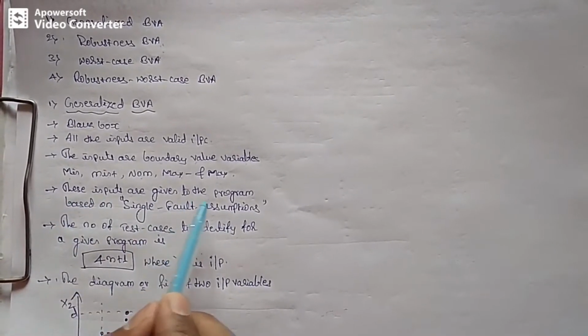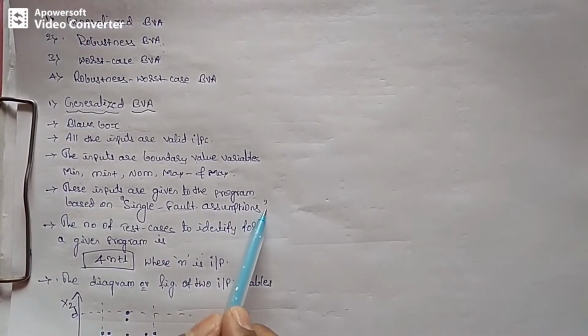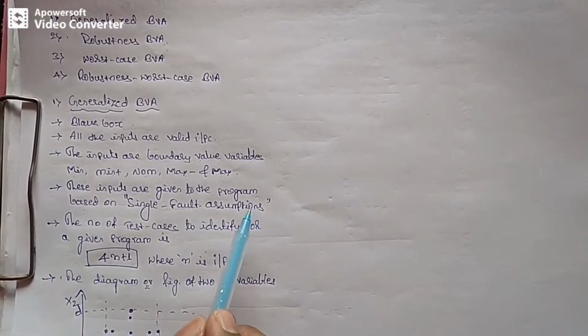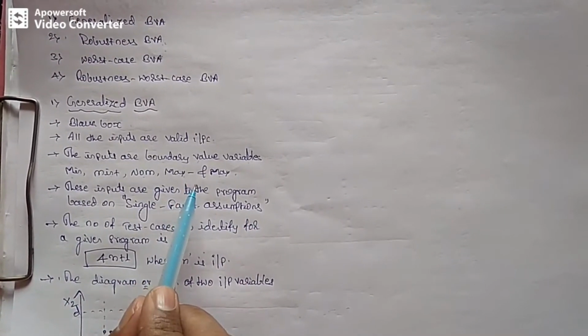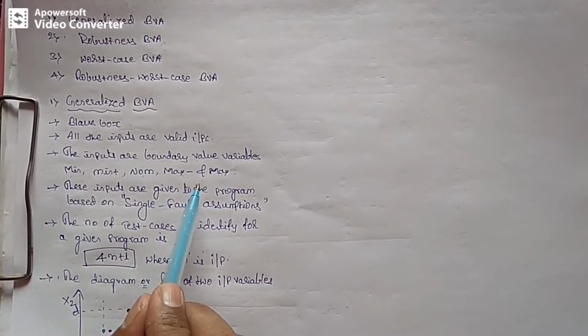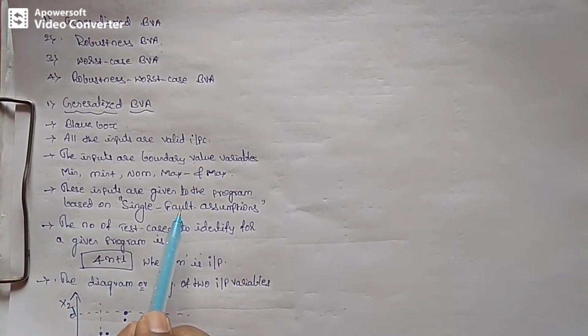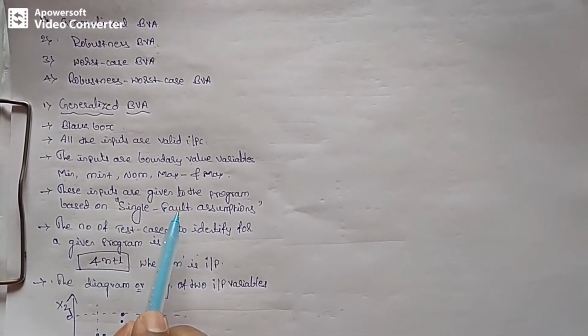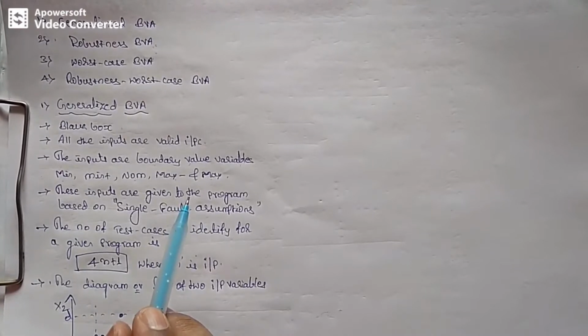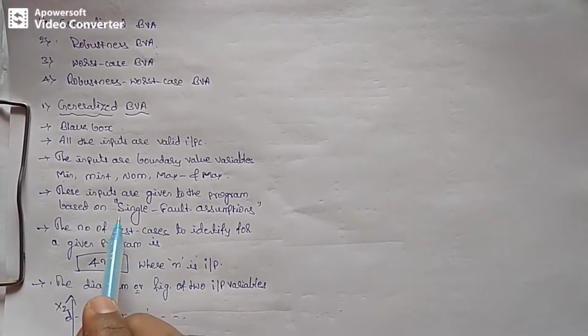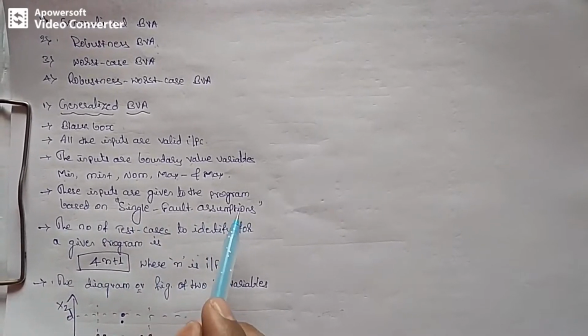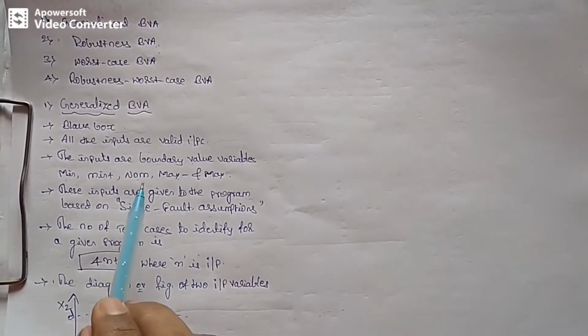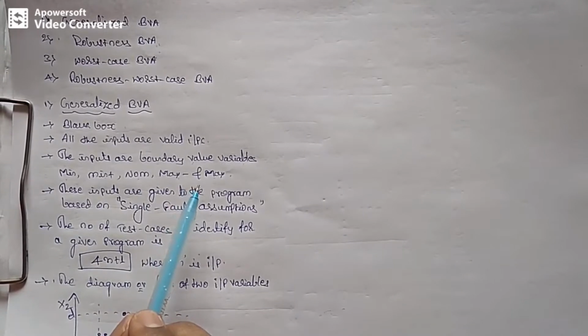These inputs are given to the program based on the single fault assumption, meaning how we need to specify these inputs. If 2 inputs are there, then the combination of the inputs is different. If 3 inputs are there for a given program, then the combination of inputs will be given in a different manner. So based on the single fault assumption, we specify inputs for a given program.